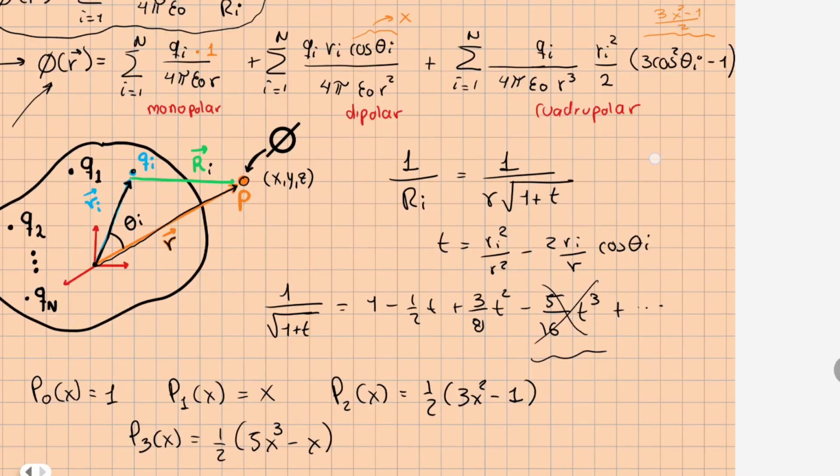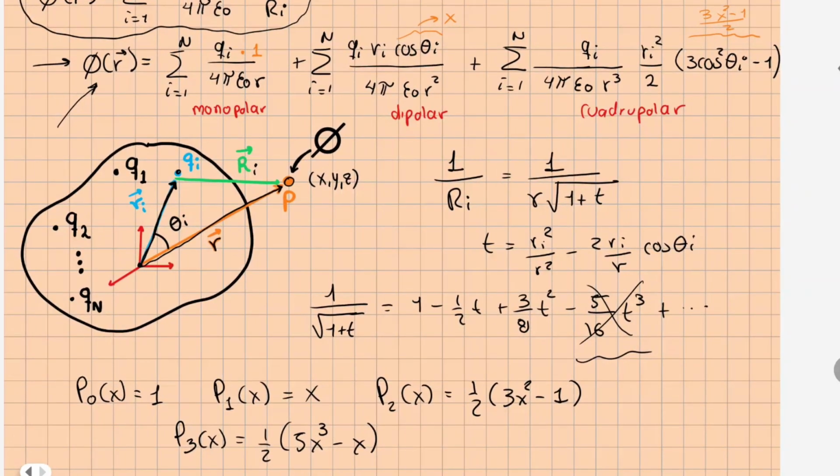What I want you to notice here is that we actually have the Legendre polynomials in this series expansion of the electric potential. So we can use the Legendre polynomials to define the electric potential.